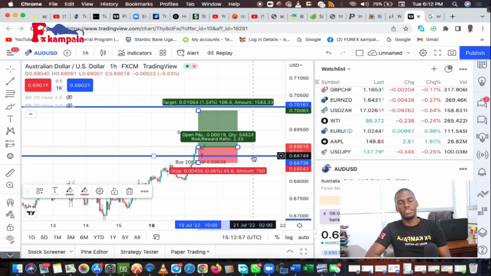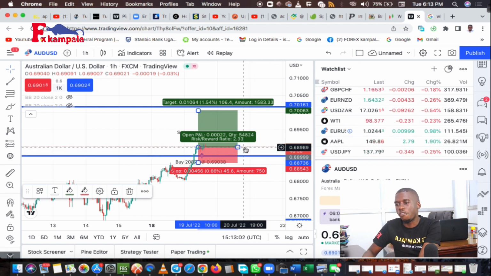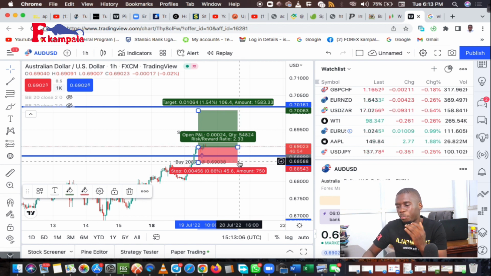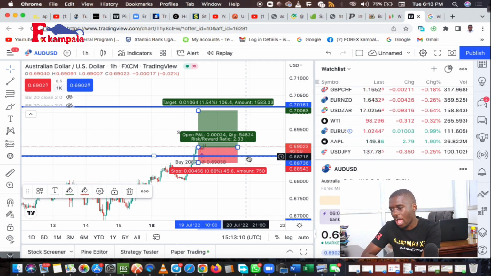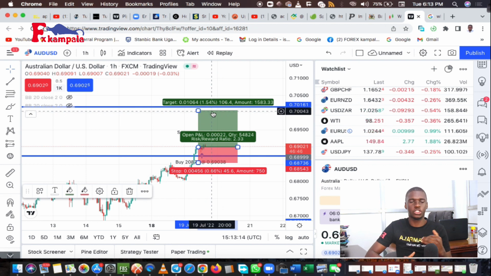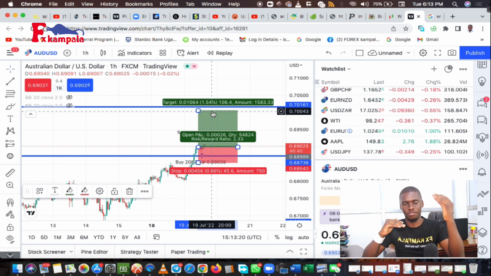Since the resistance was broken and is working as a support level, we think of buying at this particular point, putting our stop loss slightly below this key level, which in this case is a support now. And as we go in for this position, we make sure that we do not exceed the next key level, or we shouldn't interfere with the next key level.